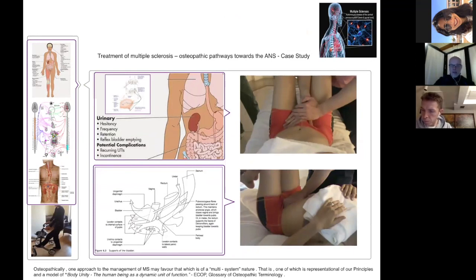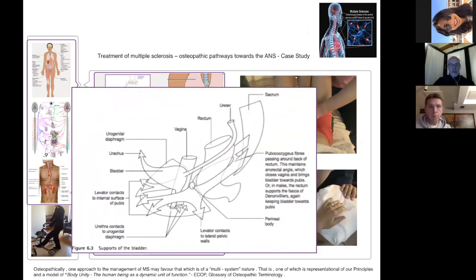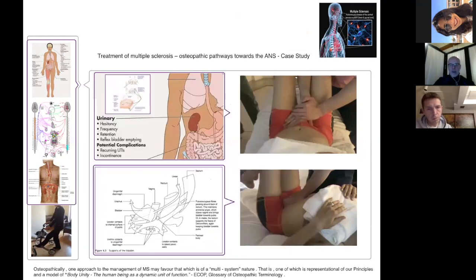So again, I'm running through this at speed, but I'm going to keep an eye on the time. So this is one aspect that we're dealing with, the suspensory structures here. Again, a wonderful image from Caroline Stone's book showing these structures. And the modality is using the lever of our hand and arm into the various suspensory structures and providing a little bit of release if we can, visceral lifting, but also within that context of bringing the knees up, providing more ventral relaxation and release within the suspensory structures there.